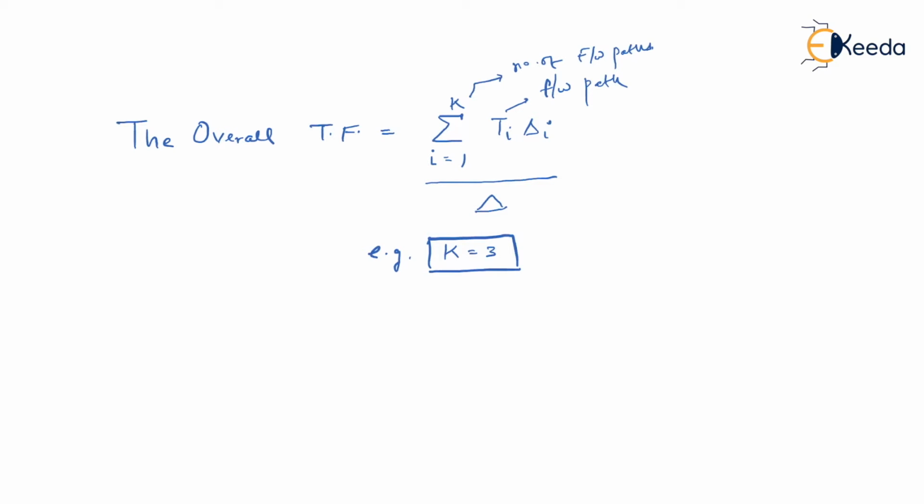So if k equals 3, the above formula is expanded this way: T1 delta 1 plus T2 delta 2 plus T3 delta 3. If k equals 4, then we have an extra term T4 delta 4. But right now we'll terminate up to 3, and then this whole divided by delta.